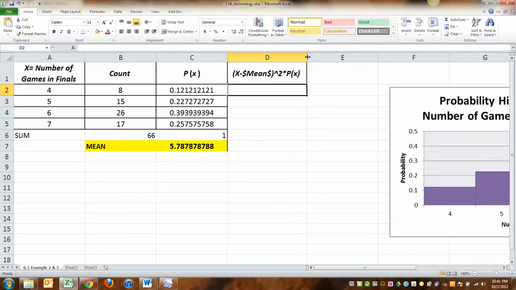All right, so let's do it. It's equal to that parentheses, x value minus mean, give it dollar signs, close parentheses, squared, times 0.121. Enter. Now I'm going to go up here, click on that cell, get to the bottom right corner, get to the handle, and drag it down.